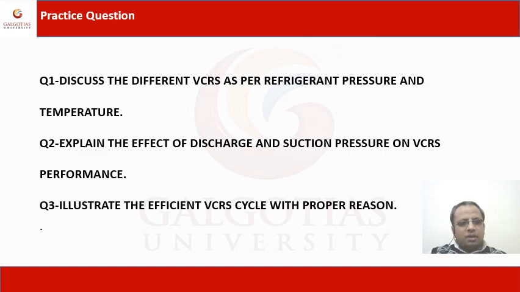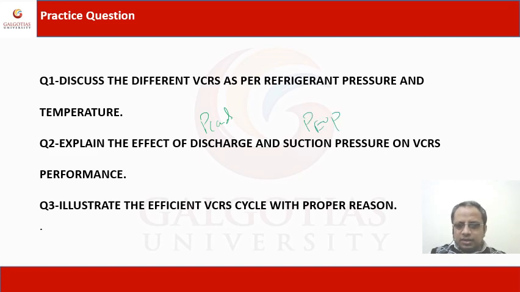So we have some practice questions. Discuss the different VCRS as per the refrigerant pressure and temperature condition. Explain the effect of discharge and suction pressure on the VCRS performance. Actually, the discharge pressure is nothing but the pressure of the condenser line, and the suction pressure is the pressure during the evaporation line.